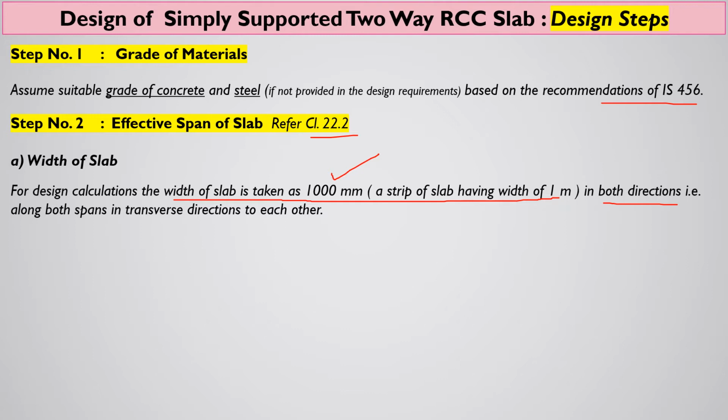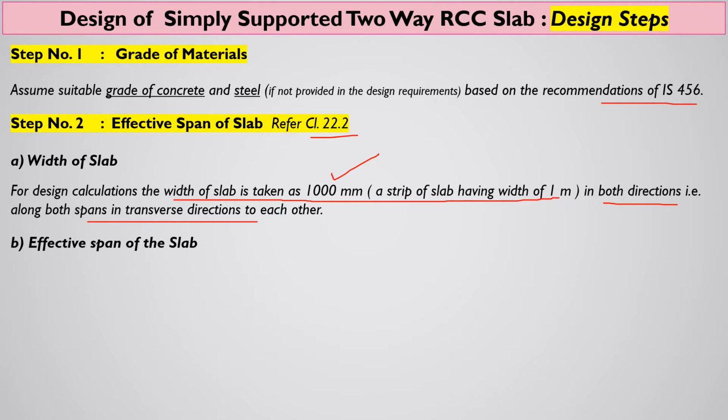So ultimately we have to design a 1 meter strip of the slab parallel to the shorter span, as well as another strip of the same 1 meter width parallel to the longer span. So both the strips will be transverse to each other.